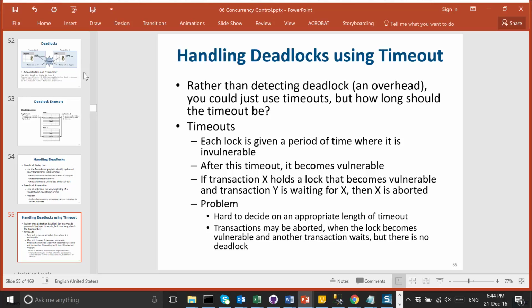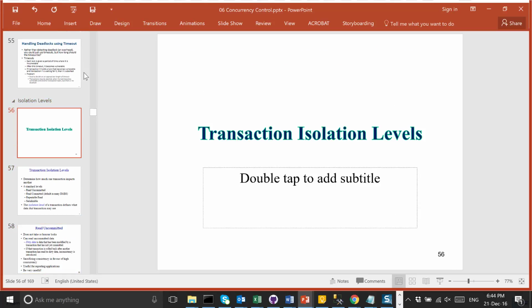After the 20 milliseconds, that lock becomes vulnerable, which means if somebody asks for it, that transaction will be aborted. That's the idea of timeout. But the challenge here is what is the optimal timeout that we put? It's very hard to decide an appropriate length for this timeout.